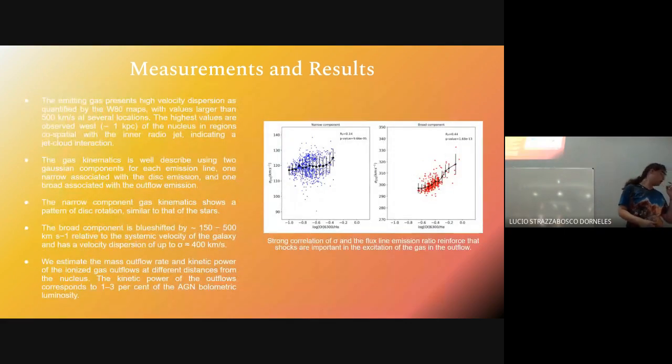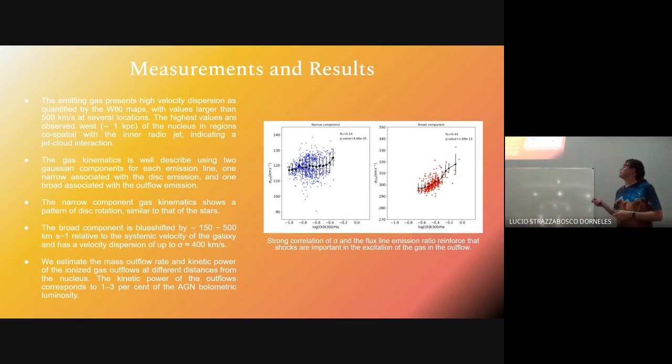And we estimate the mass outflow rate and kinetic power of the ionized gas outflows at different distances from the nucleus. We do that to quantify how the active nuclei are affecting their surroundings.